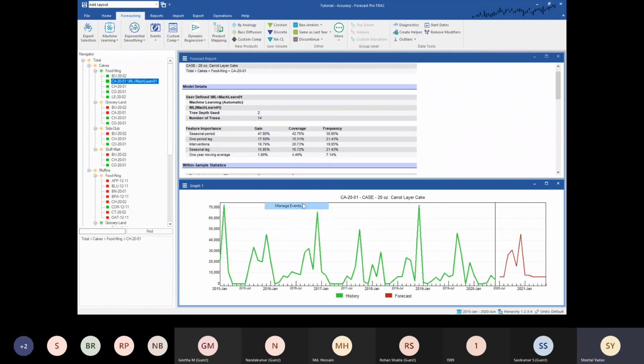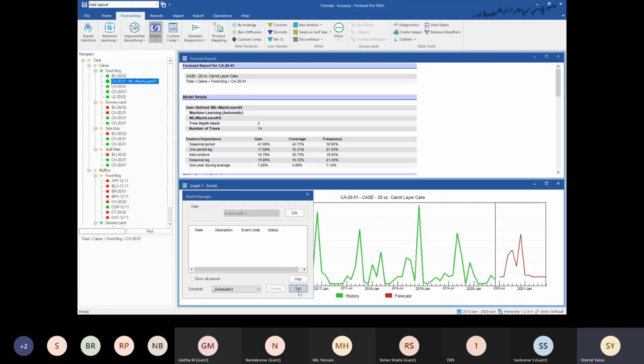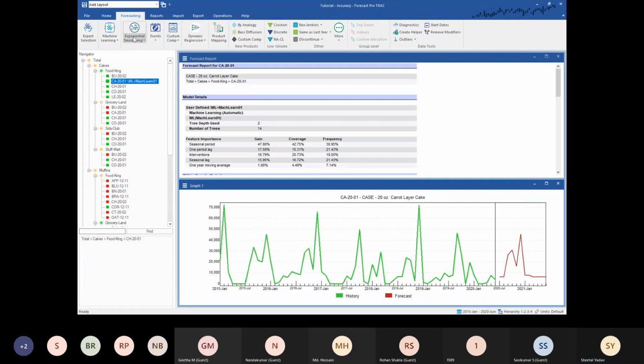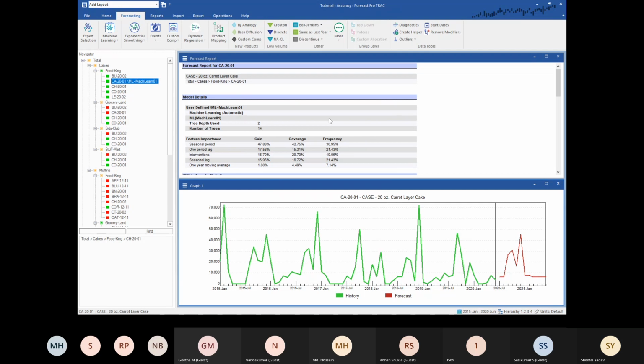But if I create a different event, let's say this is one of my price factors that was important, and I'm going to select that. And I'm again going to go back here and say use schedule 2 instead of schedule 1. Okay, in this case, it's not even selecting that, because it could be the seasonal lag that we see over here automatically. Okay, so that's what it is.